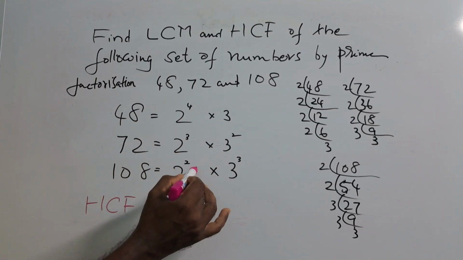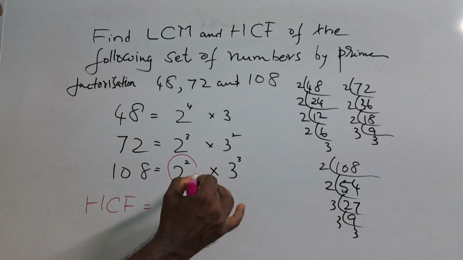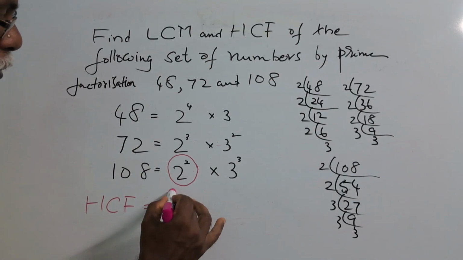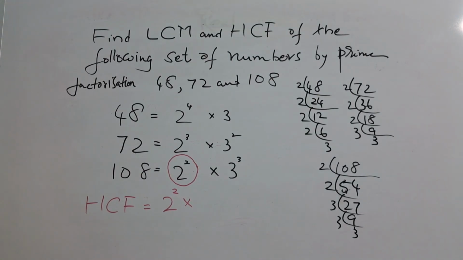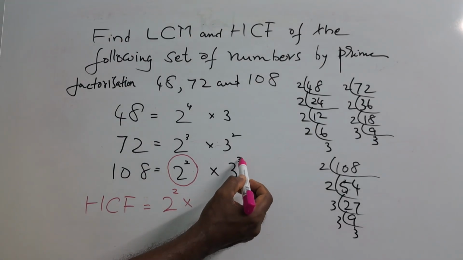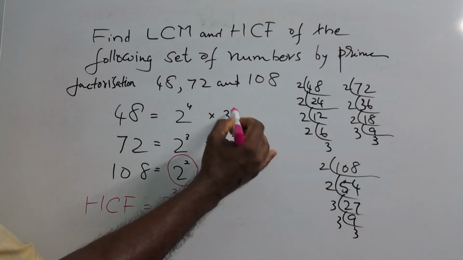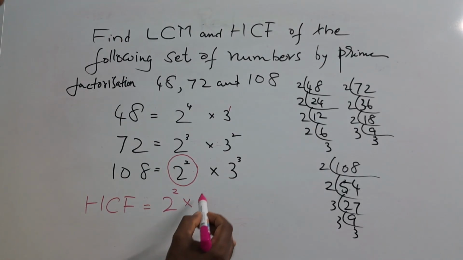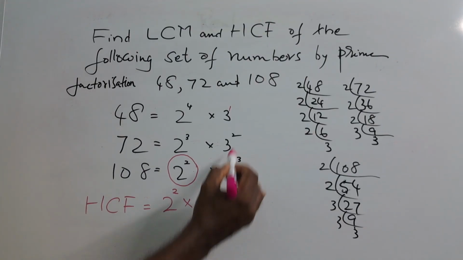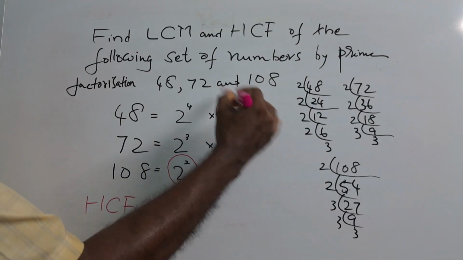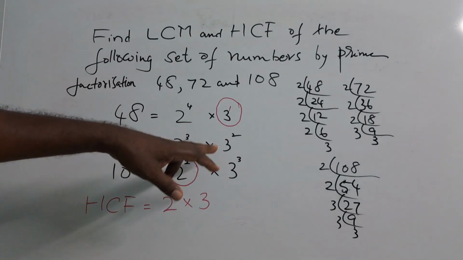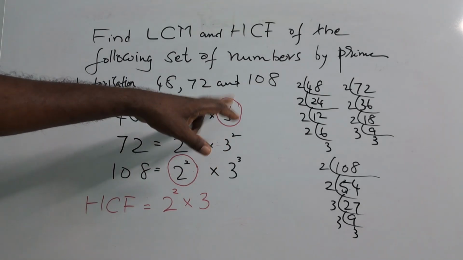For the HCF, consider 2 raised to 2 into 3, as the least power of 3 is 1. This is the highest common factor because 3 square is not in the first number.